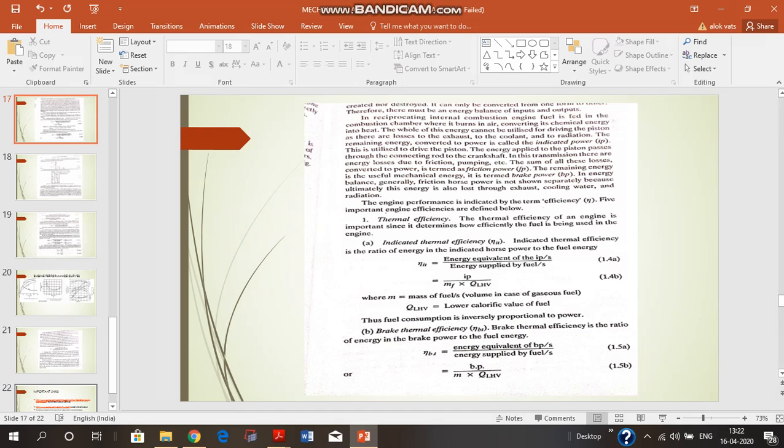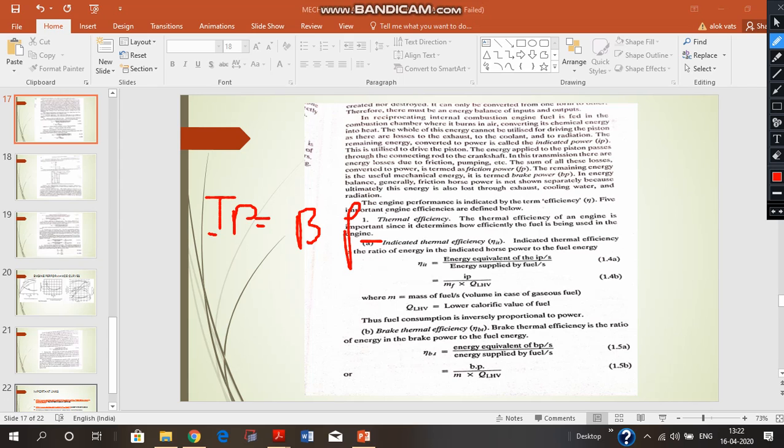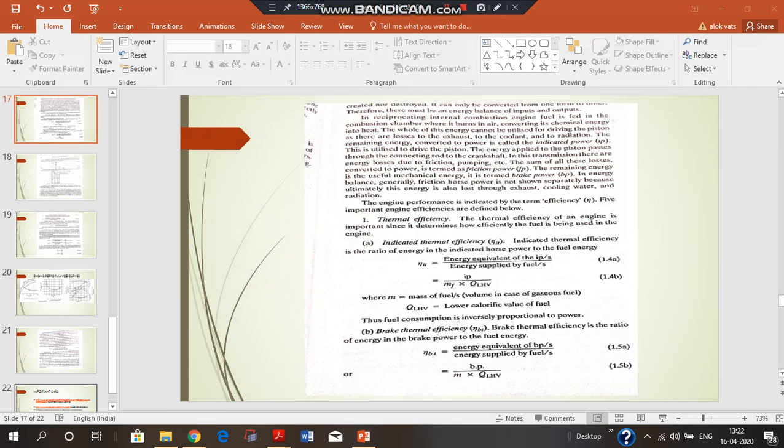So we have a simple relation which we all must be knowing. A simple relation, that is IP can be written in the form of BP plus FP. It is one relation that is very important for us, and the second relation we can write in terms of mechanical efficiency.